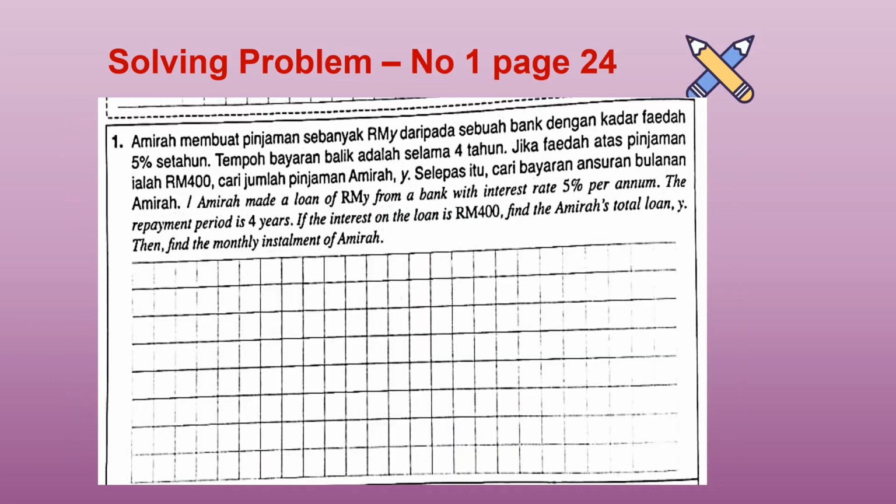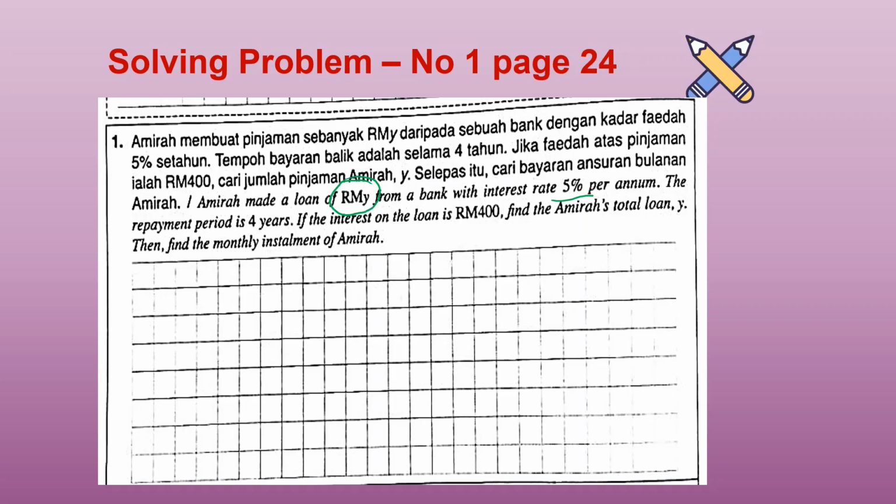Let's see exercise number 1, page 24, problem solving. Amira made a loan of RM Y from a bank with interest rate 5% per annum. So you don't know the exact amount, but the interest rate is 5%.